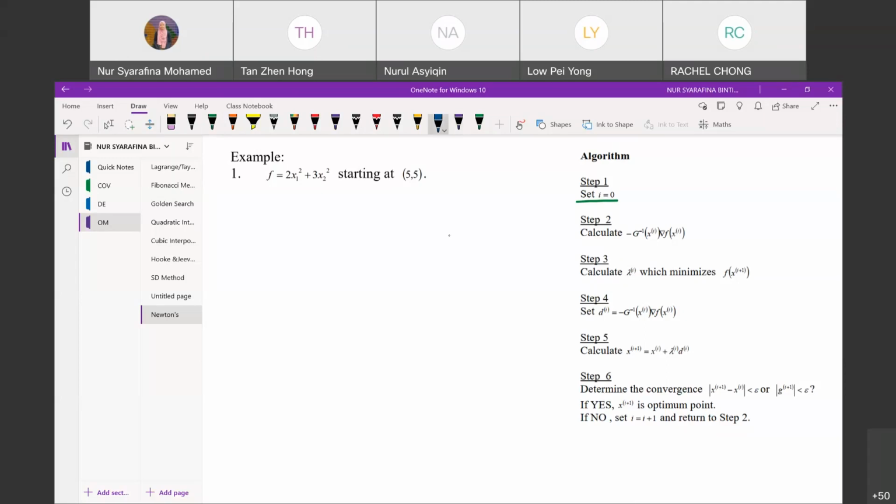At i equals 0, we are going to have x naught. This method is quite simple compared to the previous method, but its advantage is only on quadratic functions.